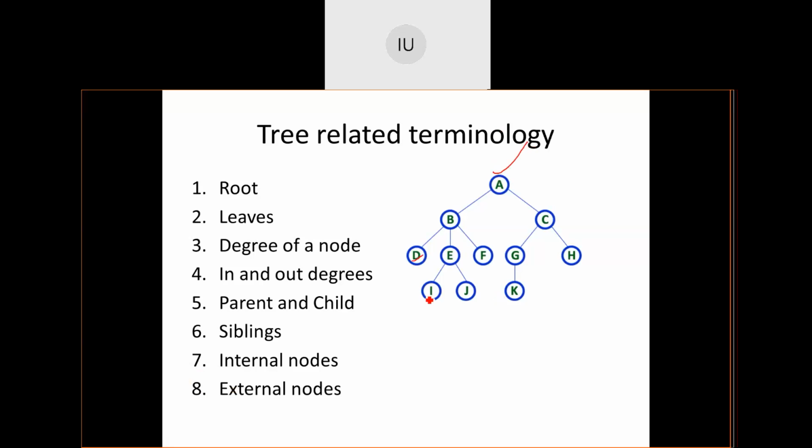D, I, J, F, K, H and A together are considered external nodes. Now, whatever I have marked are external nodes. Leaving them, what all are there? B, E, G and C are termed internal nodes.